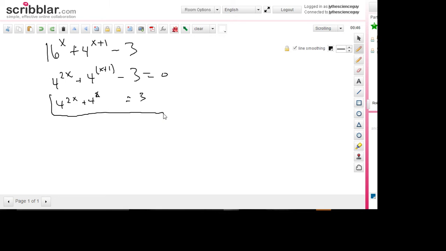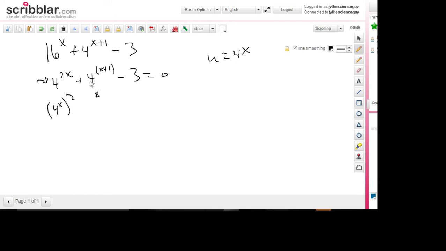Okay, so what if I say that u is equal to 4 to the x? I'm going to rewrite this one like this, 4 to the x squared.